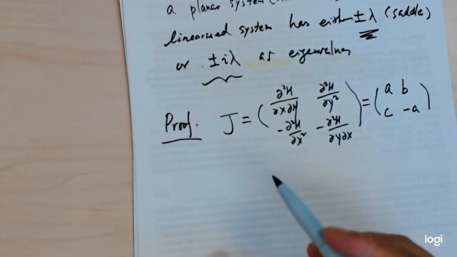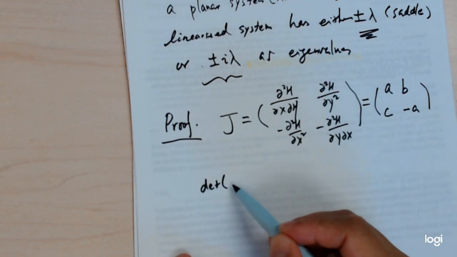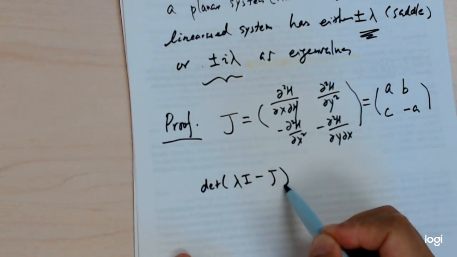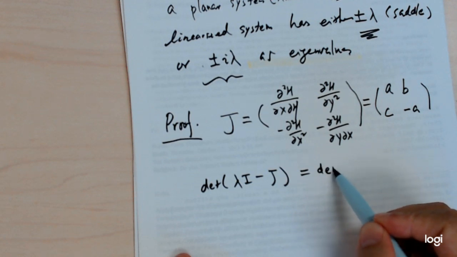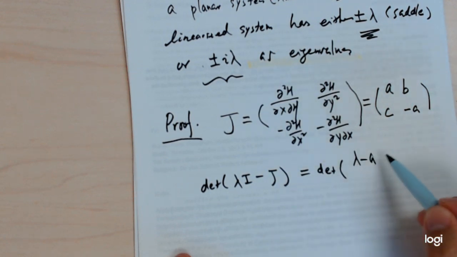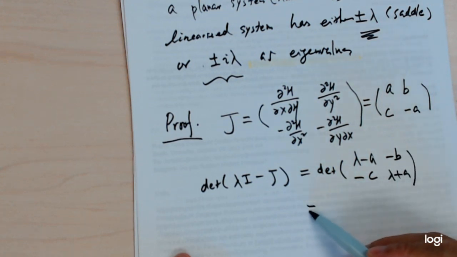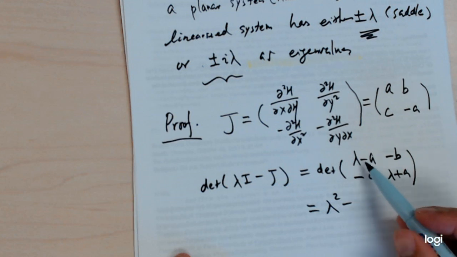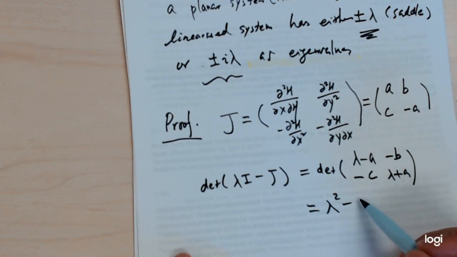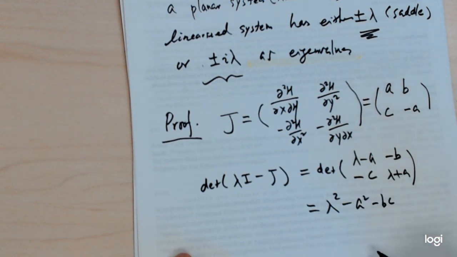In the same way, we write down the determinant of lambda I minus J. You see, there's no lambda term. That's minus a squared and minus bc.